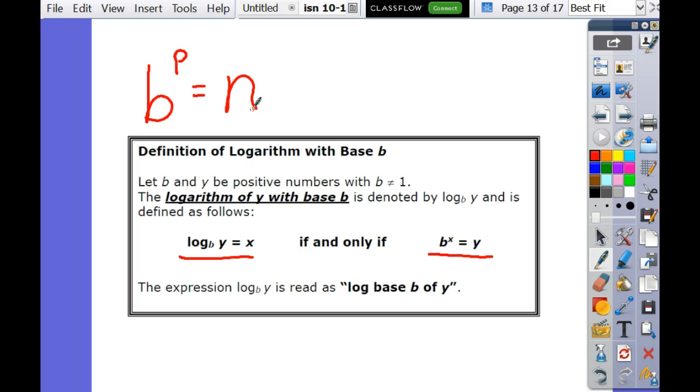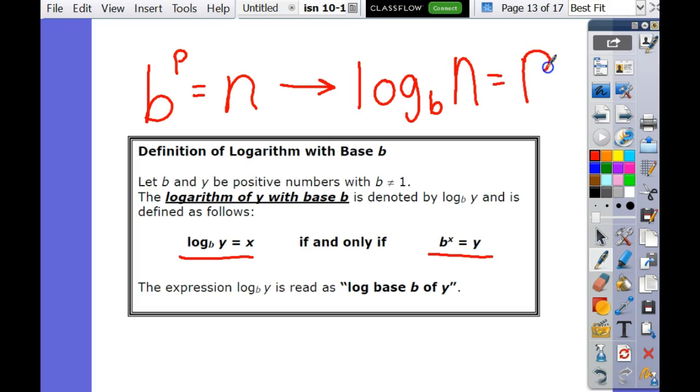The log equation is the inverse, and it goes like this. This would transfer to a log by saying log base B of n equals P. That is the connection between the exponents we did before and the logs we're starting to do now.